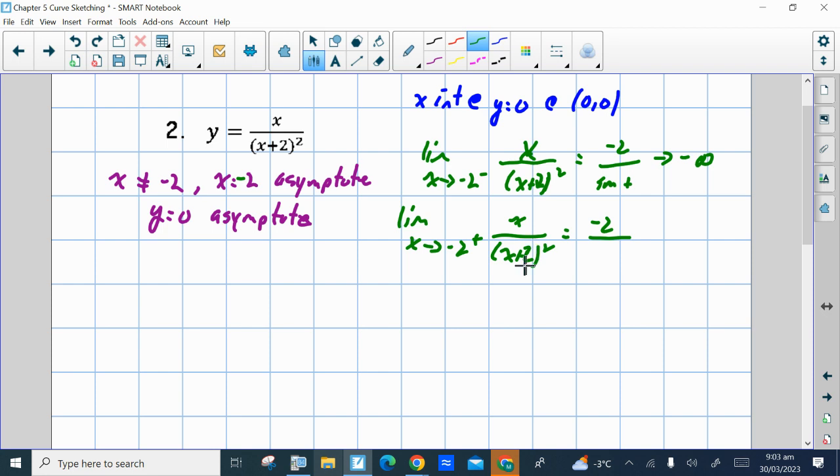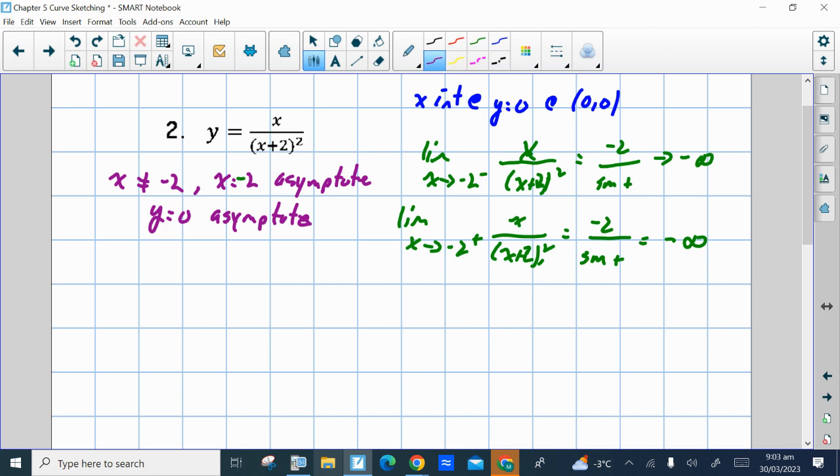This will give us a positive decimal on the bottom, but it's going to be a really small number. And when you square it, it's going to get even smaller still. So again, it's going to be a small positive. And when you divide -2 by a number that's getting smaller and smaller and remains positive, again, this will approach negative infinity. So the two-sided limit exists for this one. It approaches negative infinity on either side of the asymptote.